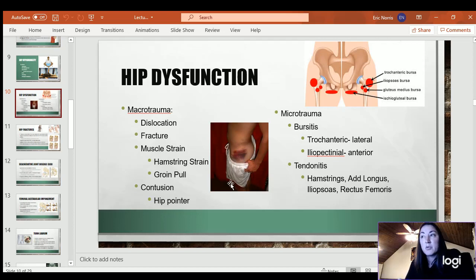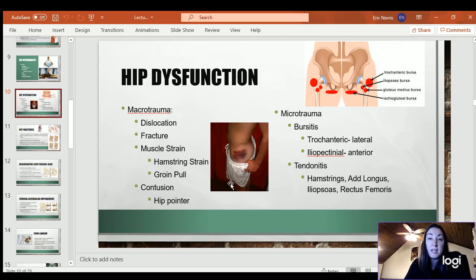Typically in the sports world, it happens oftentimes with football or maybe soccer even. If you have kind of a high impact injury or fall on that area, it creates a bruise right over the bony prominence, and that would be like a hip pointer. Those are all large traumatic incidents that can happen at the hip.